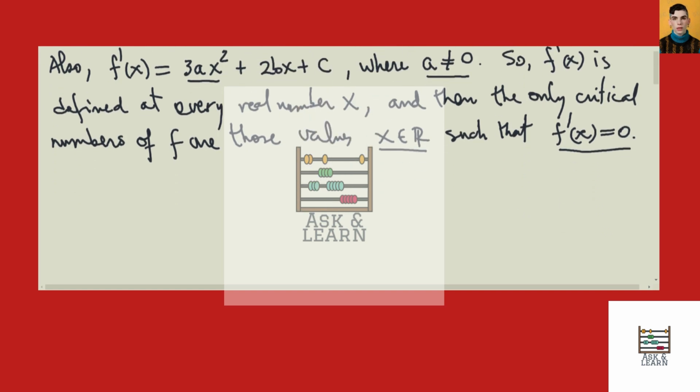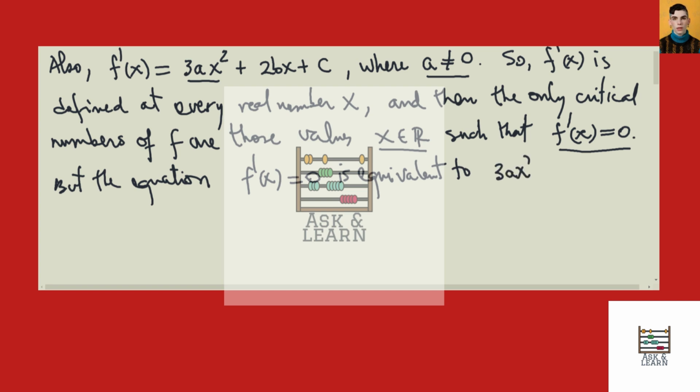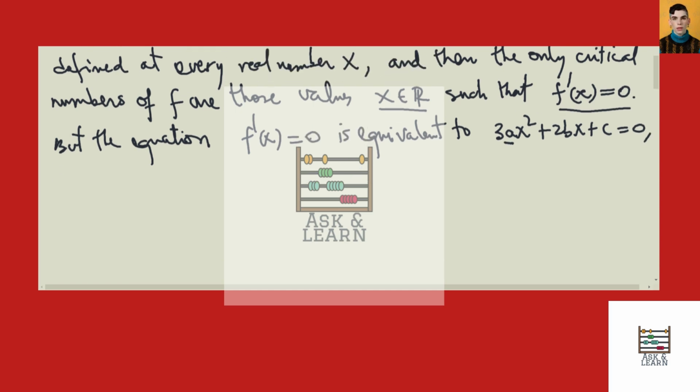So we have to solve this equation. The equation f derivative equal to 0 is equivalent to the equation 3ax squared plus 2bx plus c equals 0. And we know that with a different from 0, this equation has 2, 1, or 0 roots.